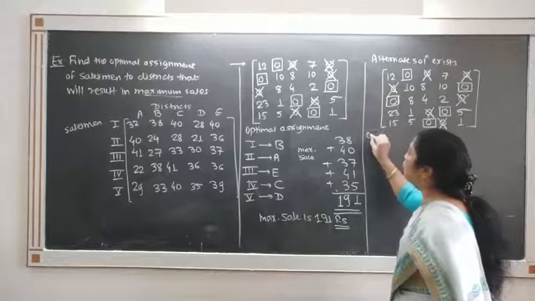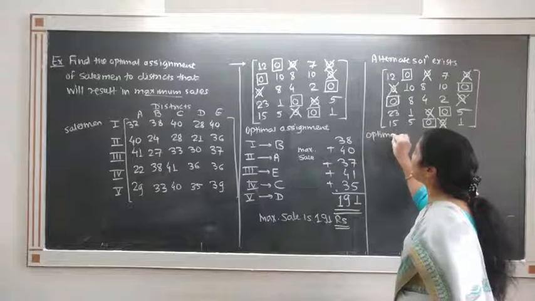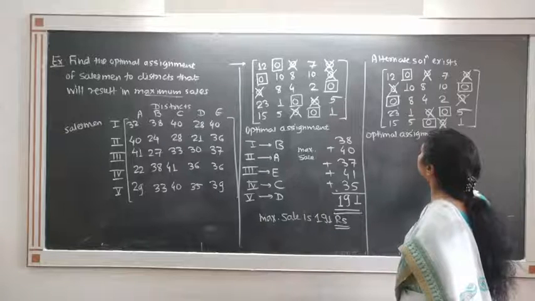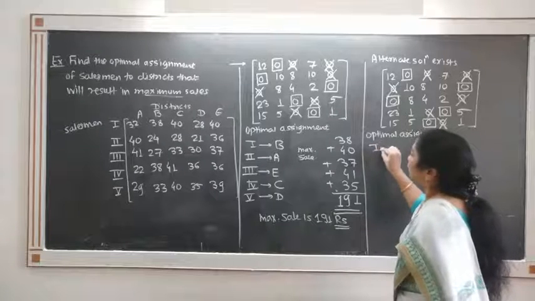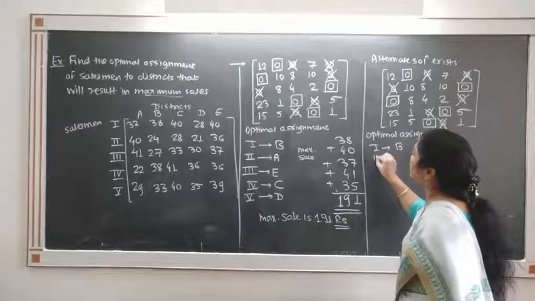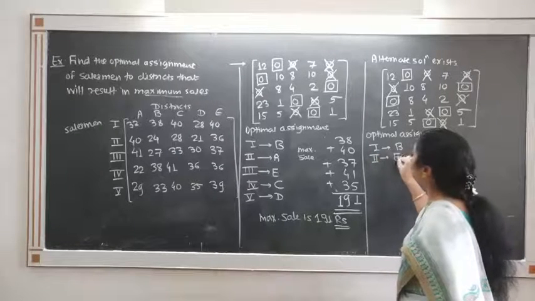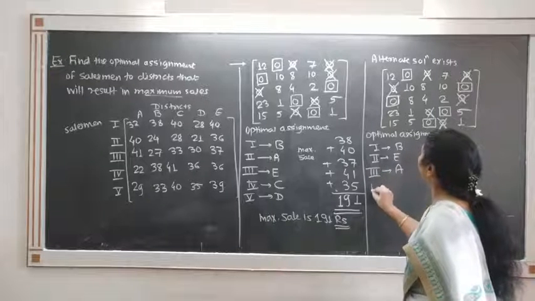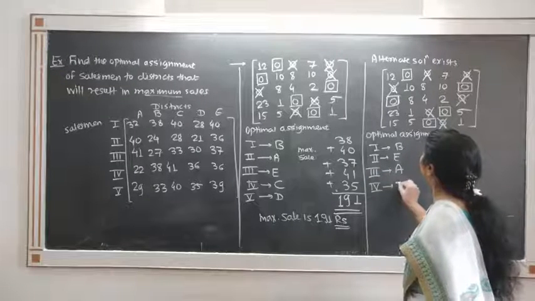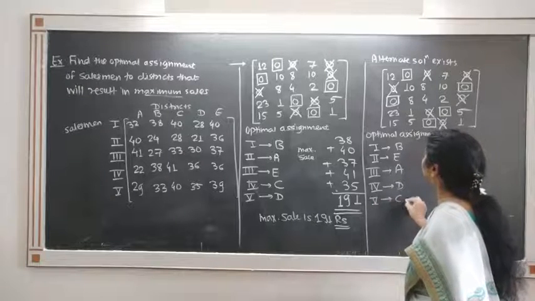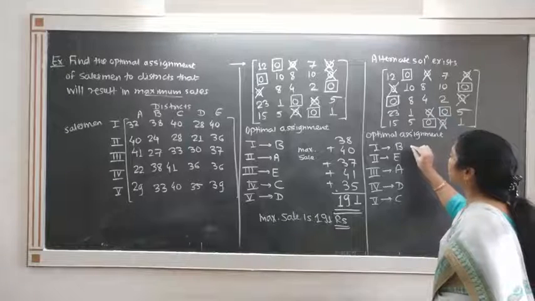So what is the optimal solution or optimal assignment in this case? The optimal assignment in this case is: salesman first is assigned to city B, salesman second is assigned to E, third is assigned to A, fourth is assigned to D, and fifth is assigned to C. See the maximum sale price.